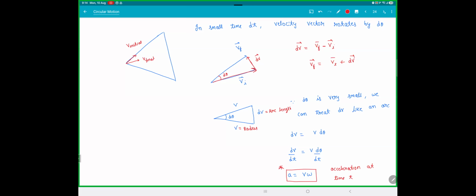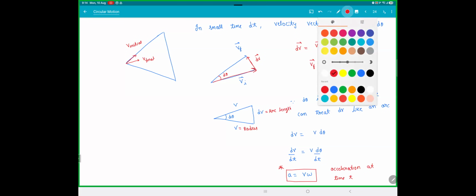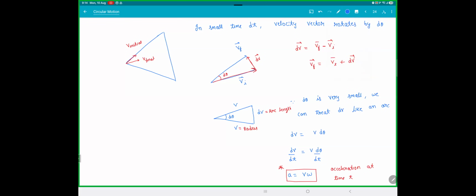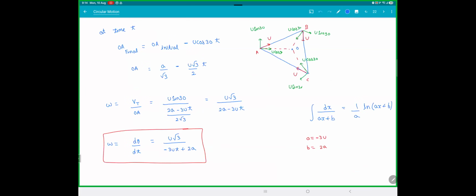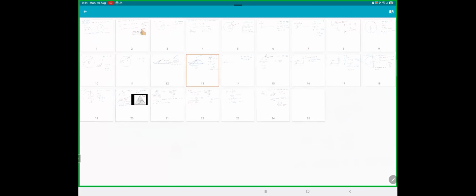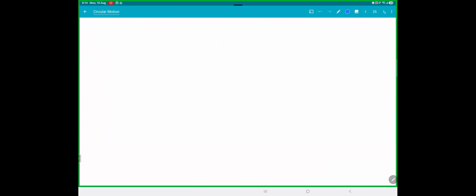If you see all these questions, we are just playing with that d theta by dt and everything. And the next thing, angular acceleration.